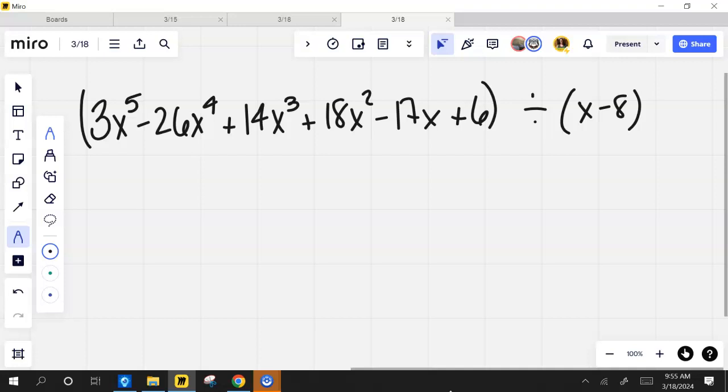It's hard for me to give you steps for this. There you go. Here's what we're going to do. We're going to take this number, but we're going to change the sign.